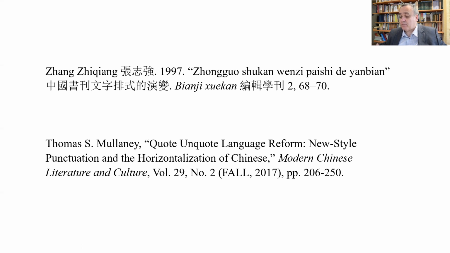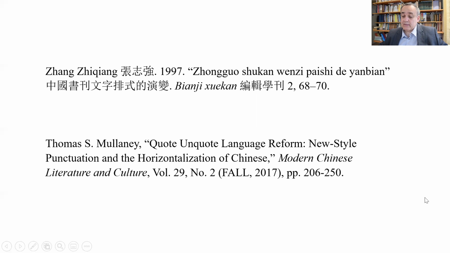He looks at these phenomena in light of the Chinese desire to modernize. Writing from left to right, the way English or French is written, was equated with modernity. The Chinese were trying to be modern, and therefore there was a drive to turn the direction of Chinese writing into this horizontal orientation.